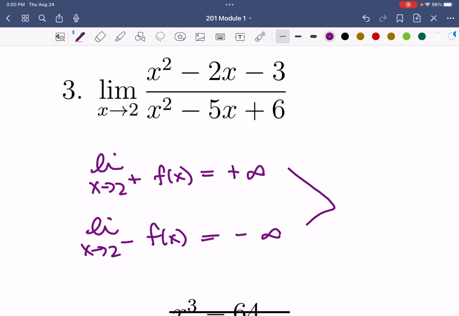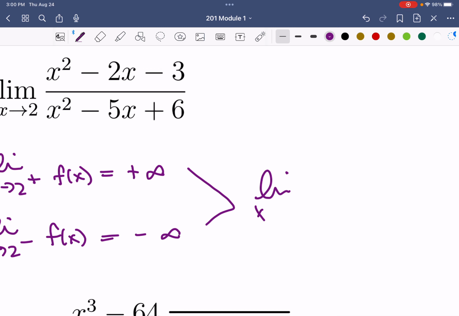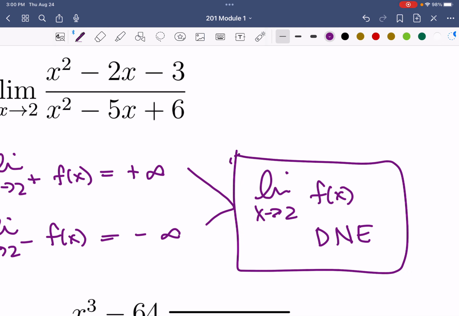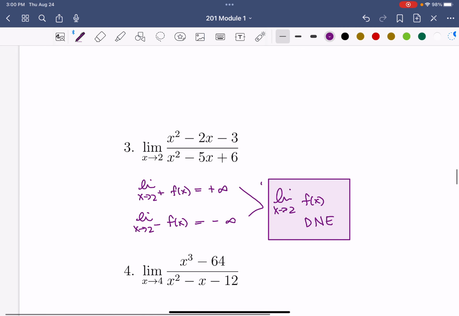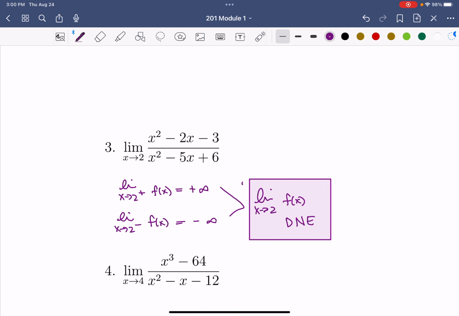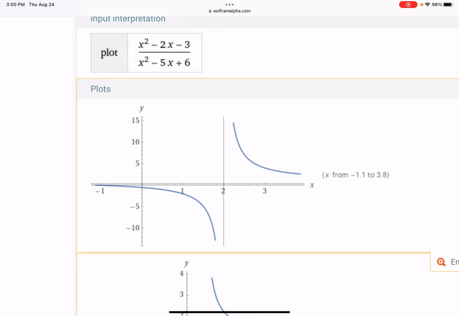And we said when those two things don't match, then the limit as x goes to 2 of your function does not exist. So our answer here is going to be does not exist. Okay. So that's what the graph looks like when it does not exist. It looks just like that, right? There's essentially an asymptote there often.